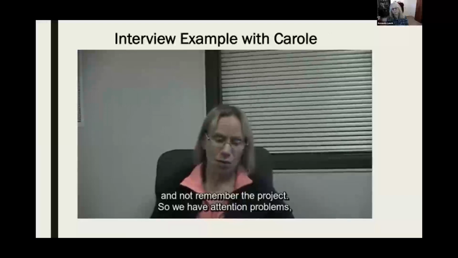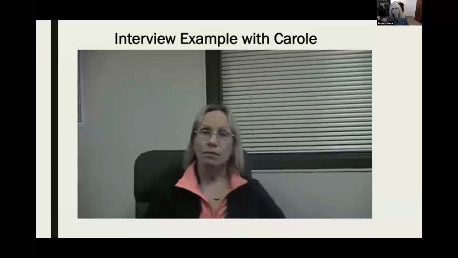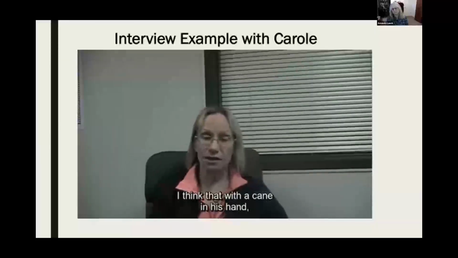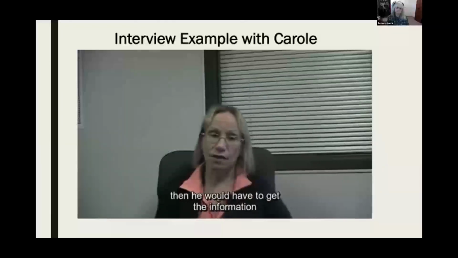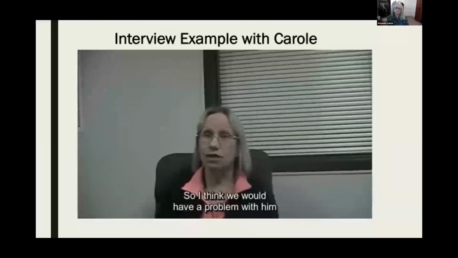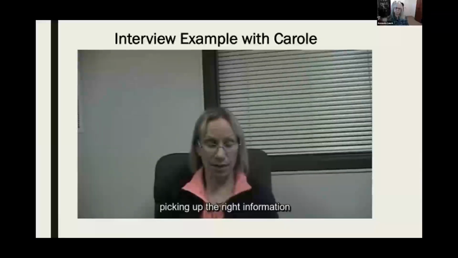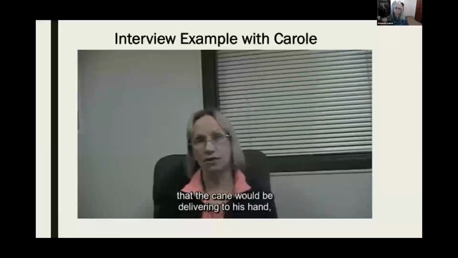So we have attention problems, muscle tone problems, and slow processing. So I think that with the cane in his hand, we'd have originally the distraction, then he would have to get the information from the end of the cane, and his hands are not very good. So I think we would have a problem with him picking up the right information that the cane would be delivering to his hand.